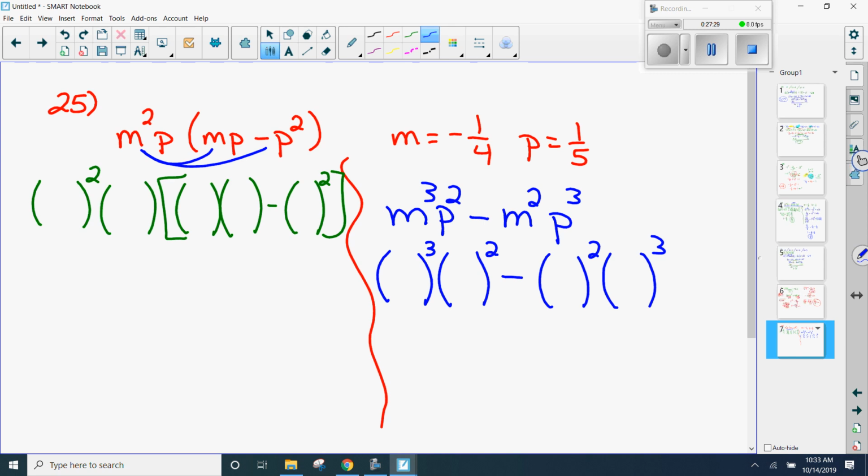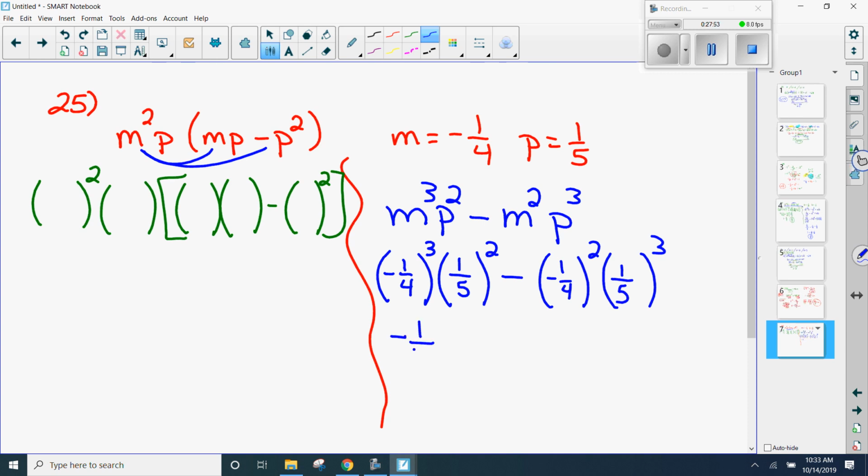M, what's M? Negative 1/4. What's P? 1/5. When you take a fraction and raise it to a power, you cube the numerator, cube the denominator. A negative cubed, is that going to be positive or negative? Negative. 1 cubed is 1.